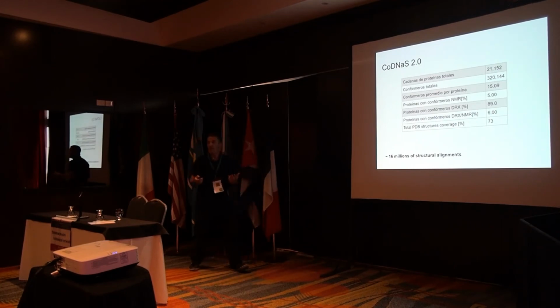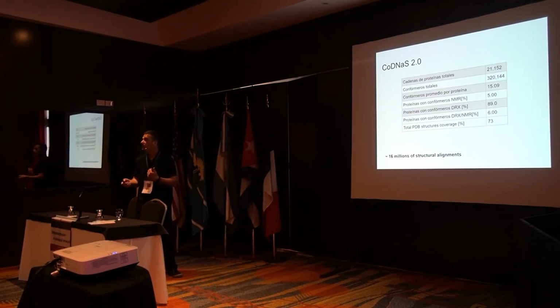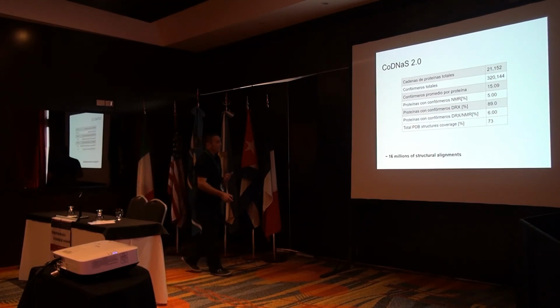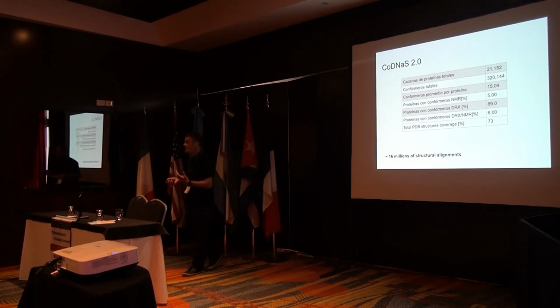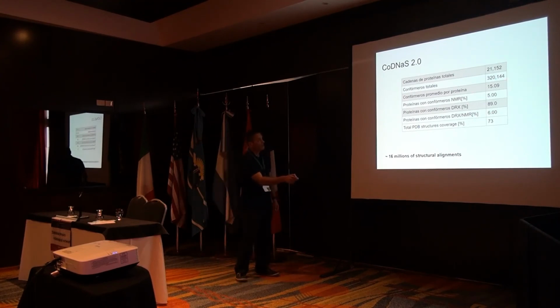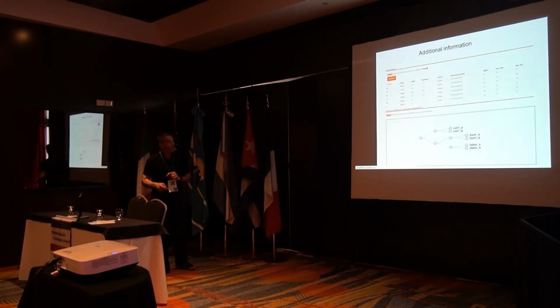More or less, we have about 25,000 different proteins in CoDNaS nowadays. We performed about 16 million different structural alignments between all the conformers, and it's now about 17 point something, the number of different conformers on average that we have per protein.